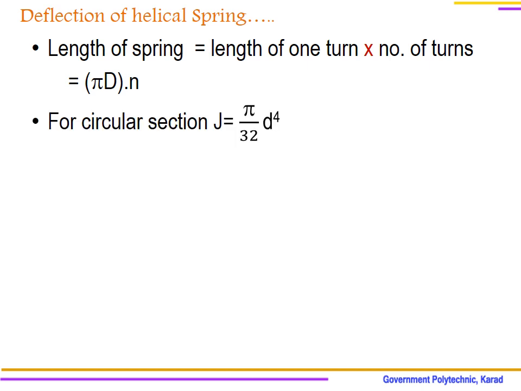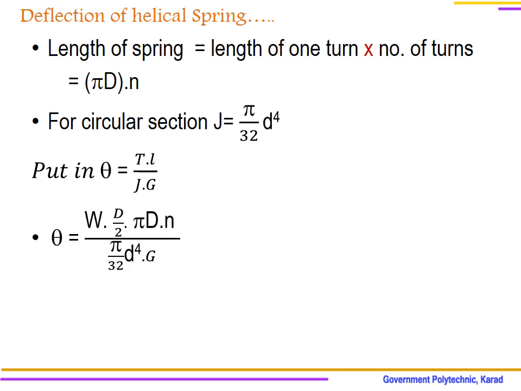For circular section, we know that J is equal to pi by 32 d raised to 4. So we will be putting this into the equation theta is equal to TL by JG. What we get? Theta is equal to T, where T is W capital D by 2.